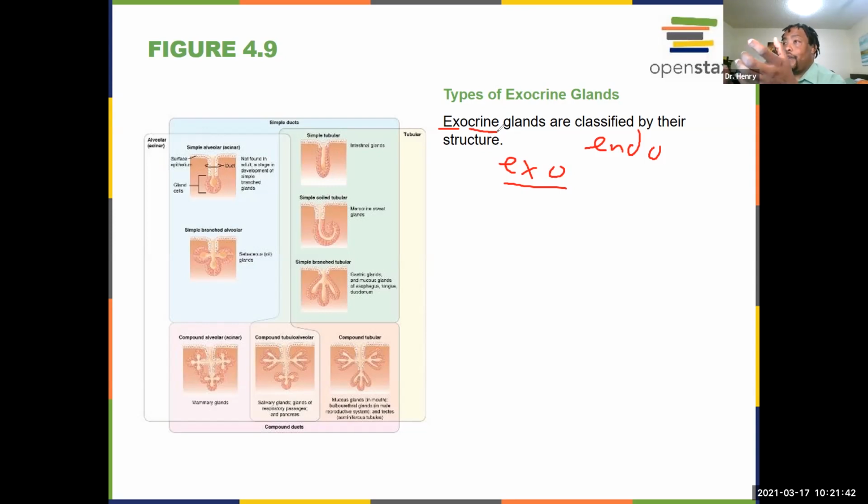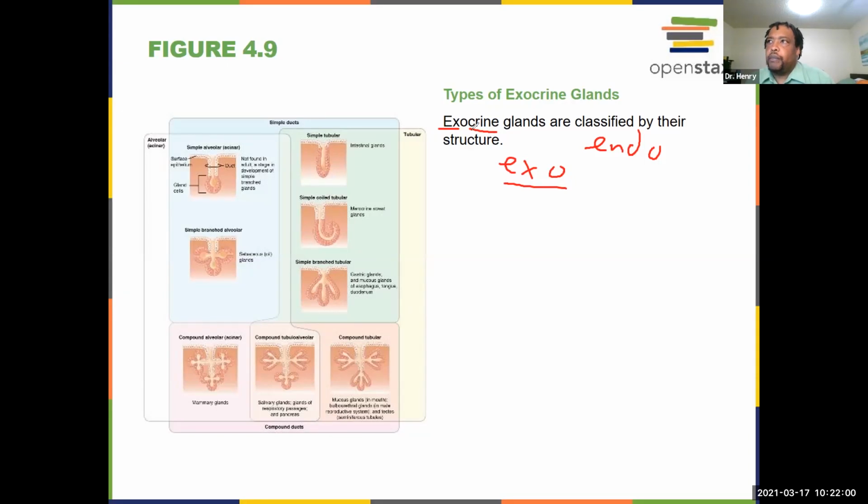Are we going to be taking things on the inside, or are we going to be taking things outside? Outside. Okay, so an exocrine gland is responsible for secretion.